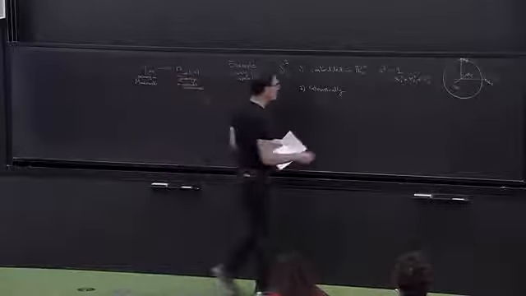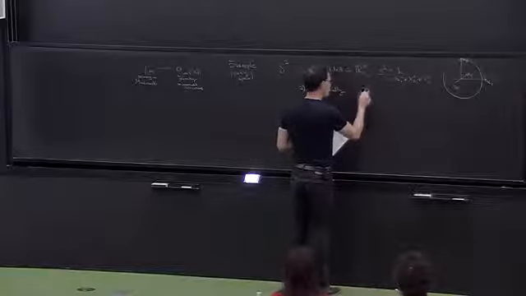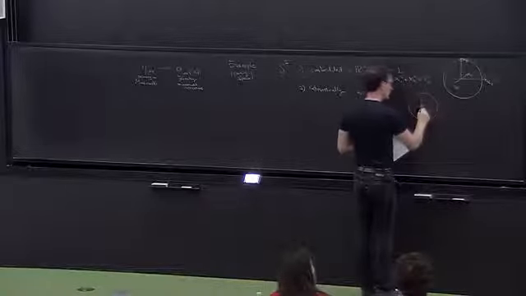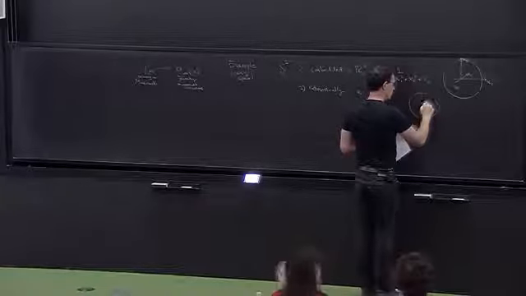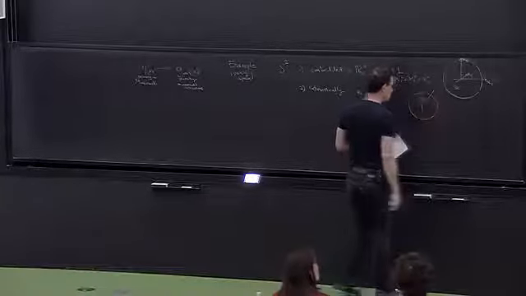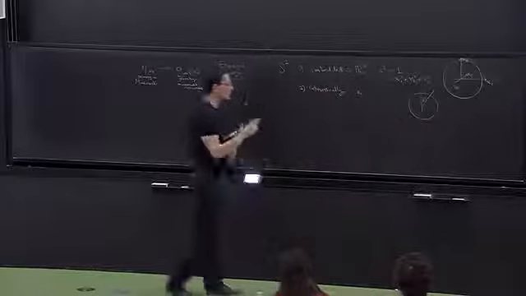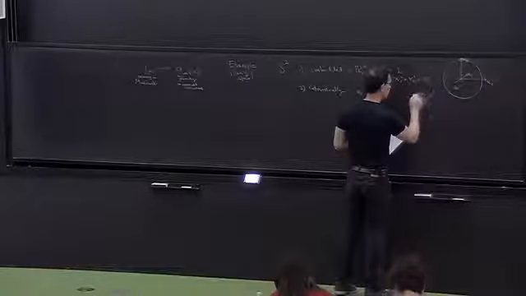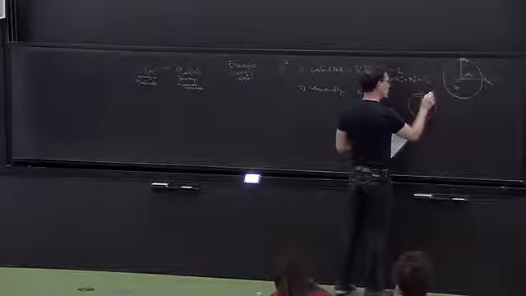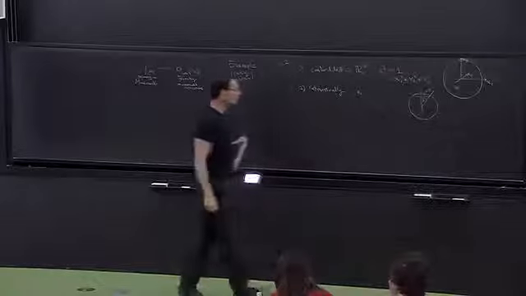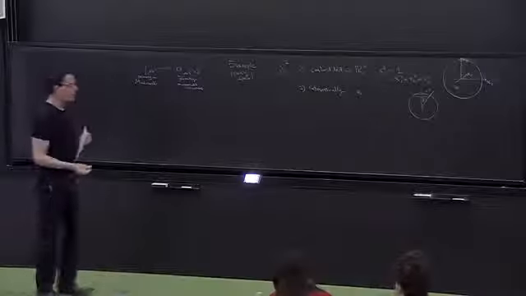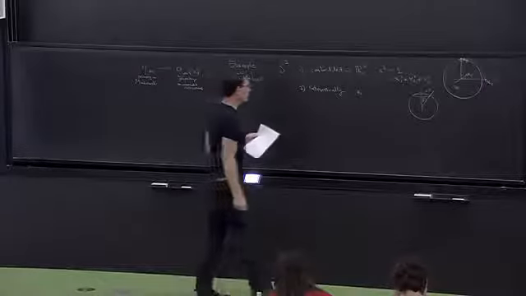Okay, so I use the usual polar coordinates. From the z-axis, the polar angle theta, and then the rotation angle phi. Every point on the sphere corresponds to some value of theta and some value of phi.